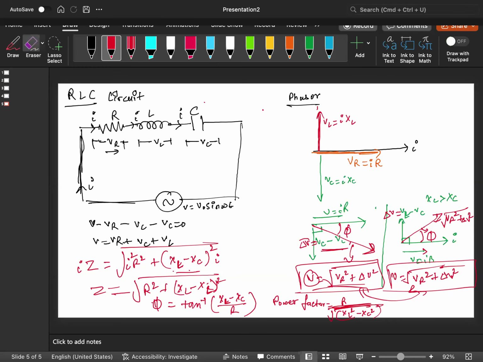No, actually not this. Missed one more point. Power factor is basically the net voltage, right? This is R. Let's call this a simple value, that is Z, R by Z. You don't have anything on the base, R by Z. You have already calculated the value of Z earlier.